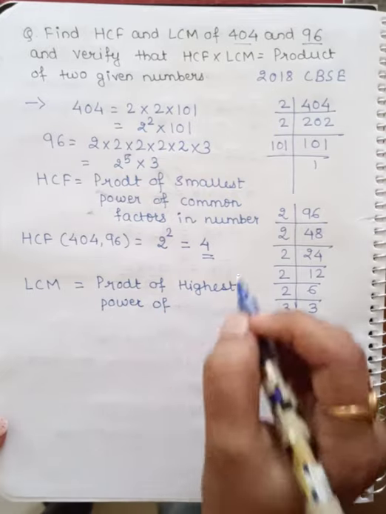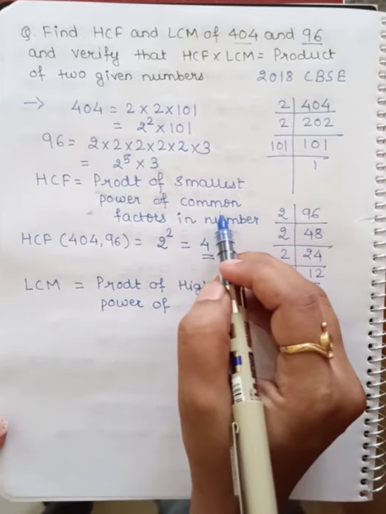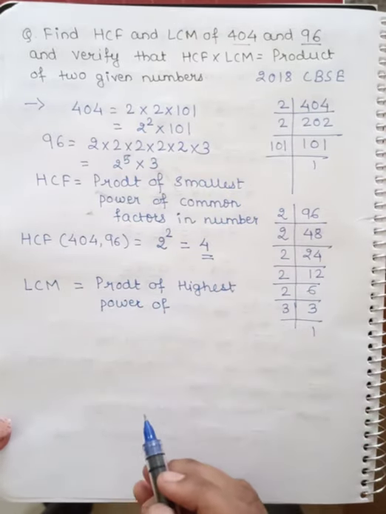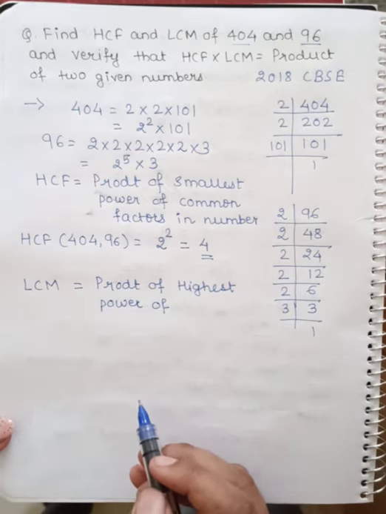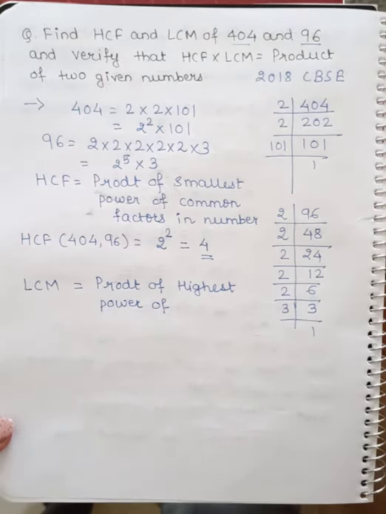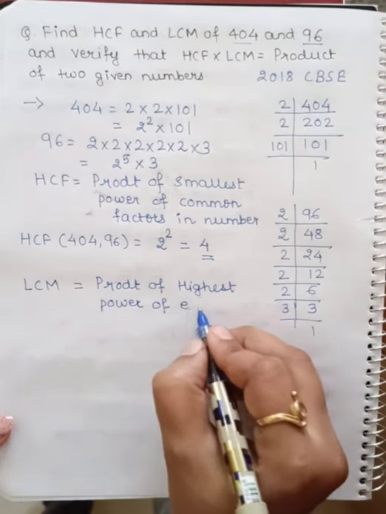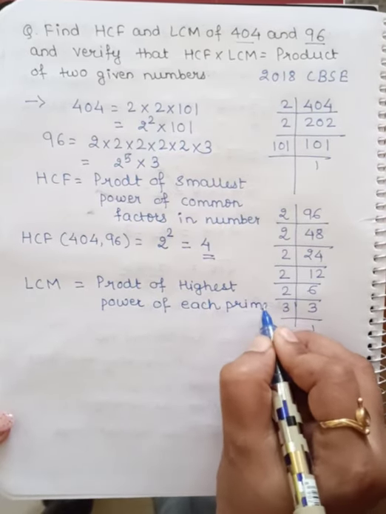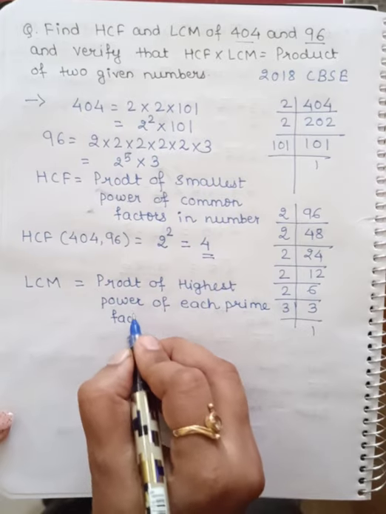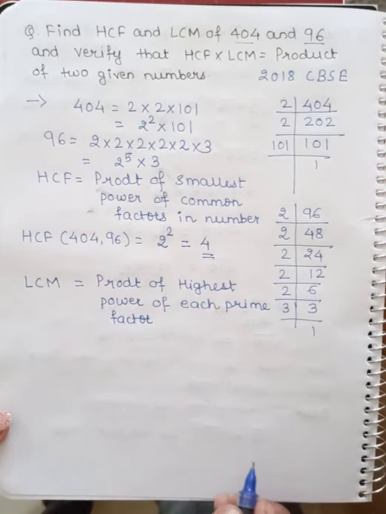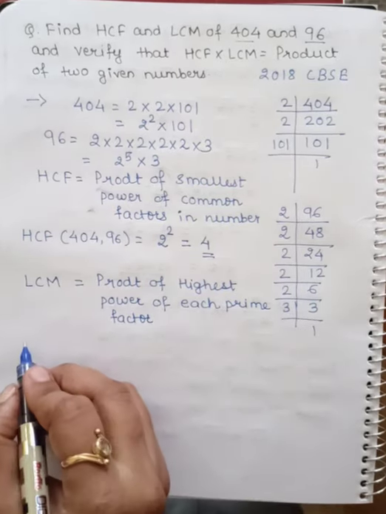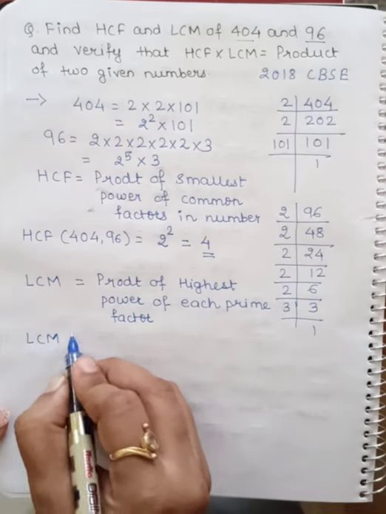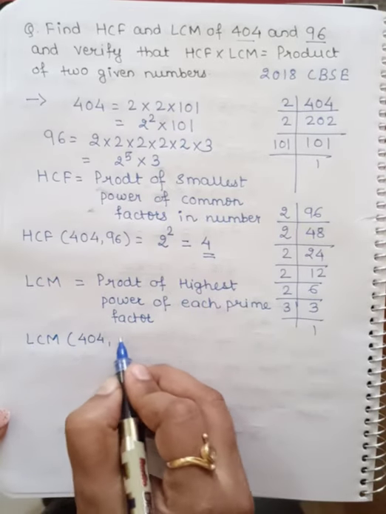There, the condition was that they have to be common factors, and here you don't have such a condition. Here you are going to take the greatest power of each prime factor. So all prime factors have to be considered here, and that too the ones with the greatest power. So the LCM of 404 and 96.